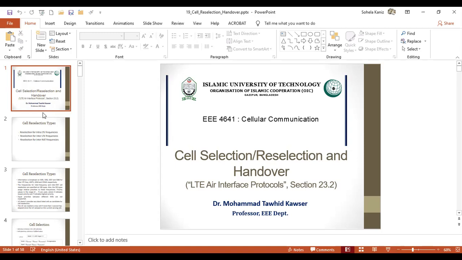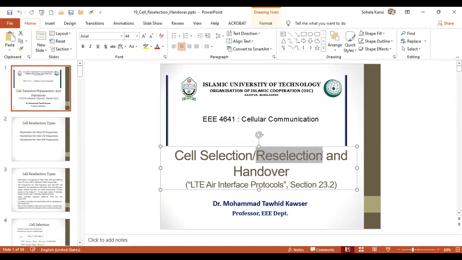I did not discuss it there in as much detail as I'm using here. Because it will be helpful for you if I discuss it here, because it relates to something called cell reselection, which happens when you move.